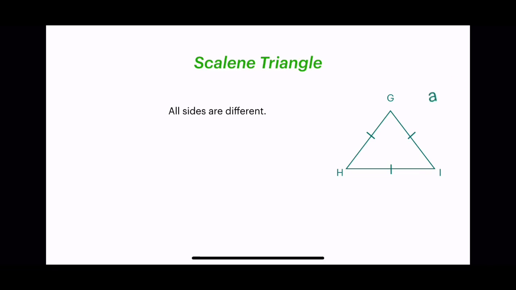For the triangle GHI, the 3 sides GH plus HI plus IG is the perimeter of the triangle, which is nothing but P is equal to A plus B plus C.